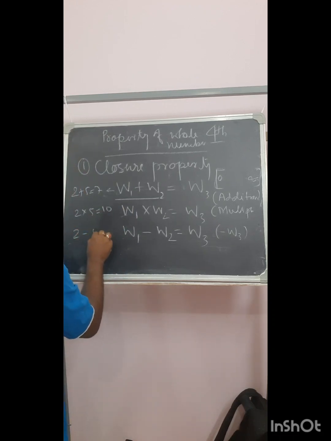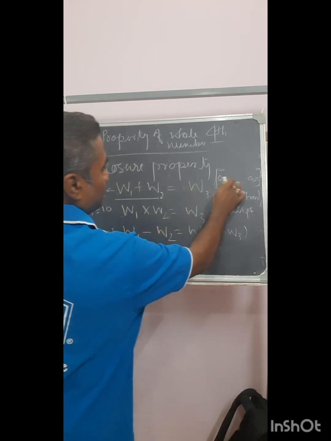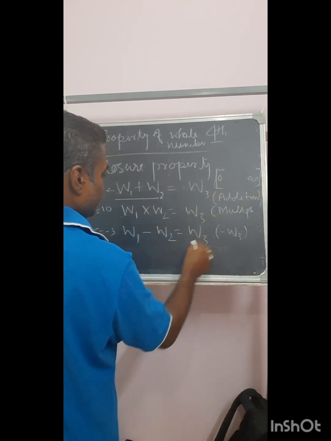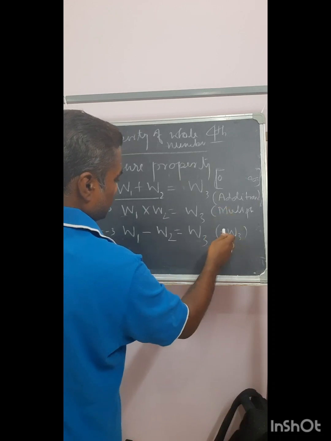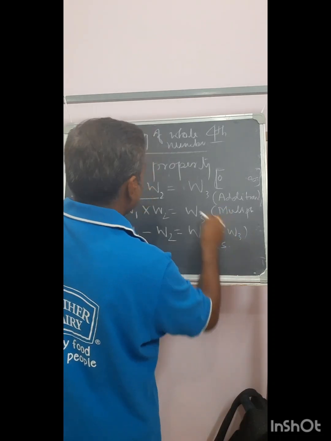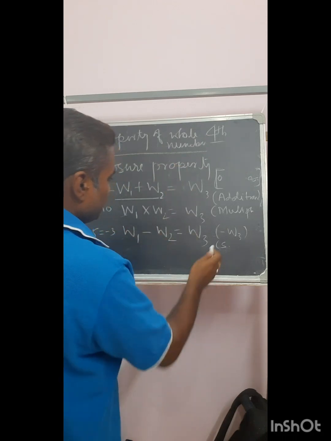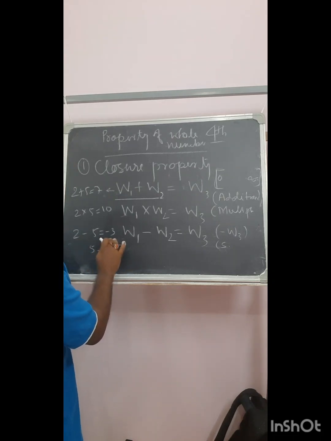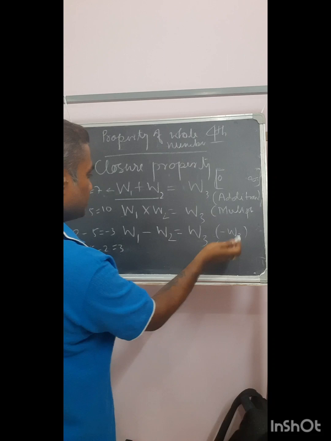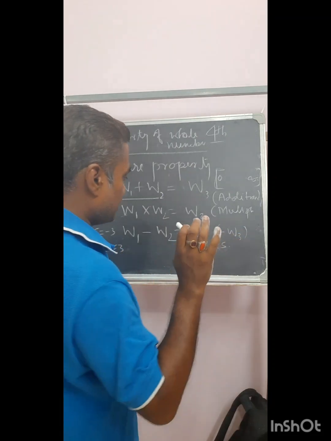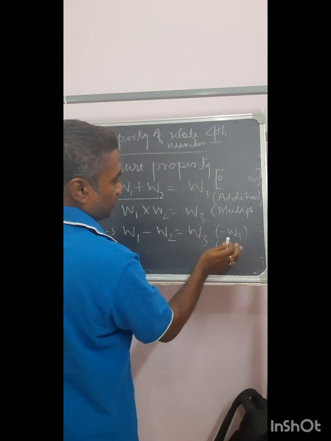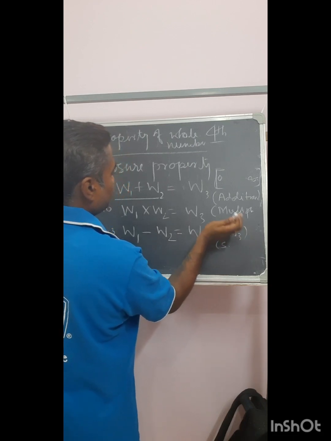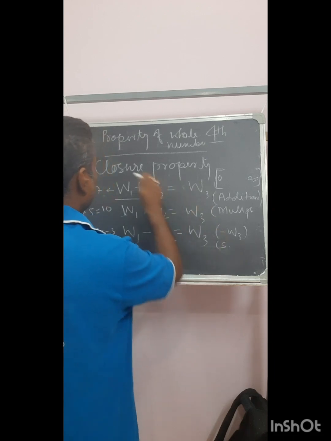Now if I take 2 minus 5, both are whole numbers, but the result is not a whole number, because it doesn't lie in the positive range. So subtraction doesn't follow the closure property. There may be some cases where it is true, but in other cases it is not. If it deviates from the definition, it is not a property that is always true, so I cannot say subtraction follows the closure property.